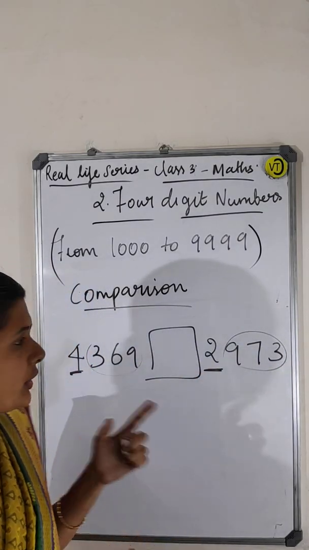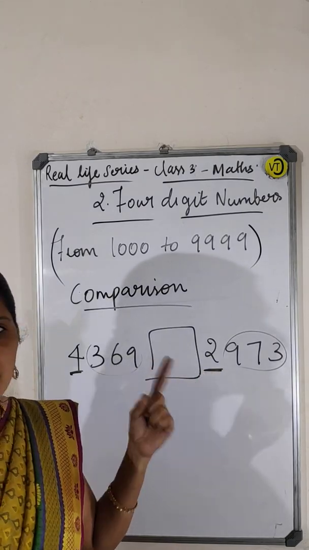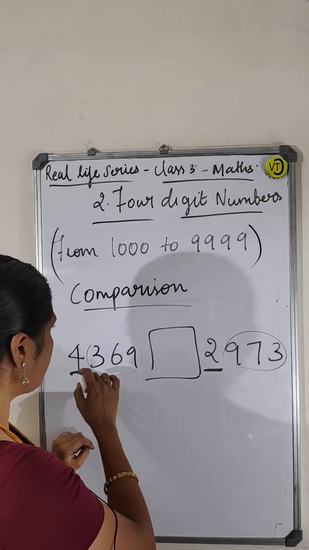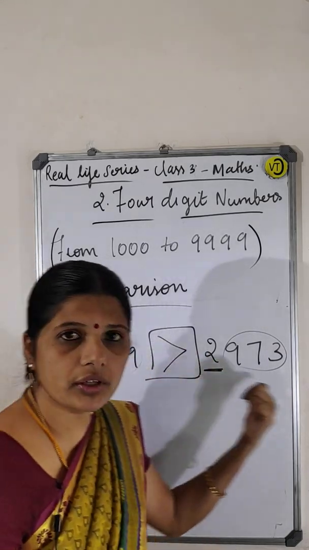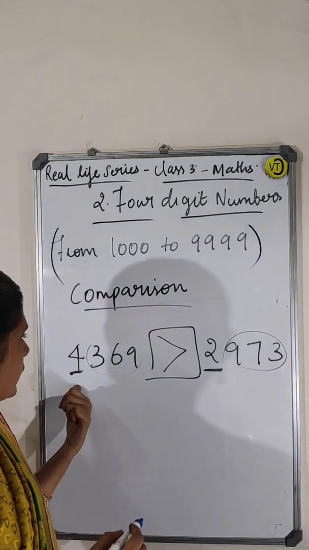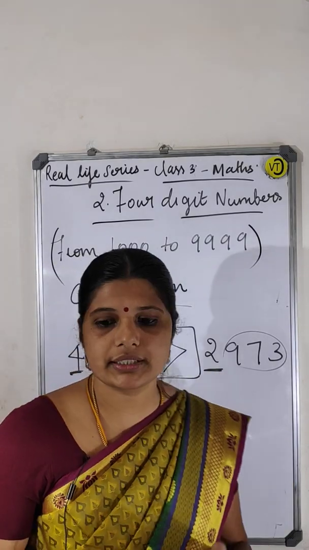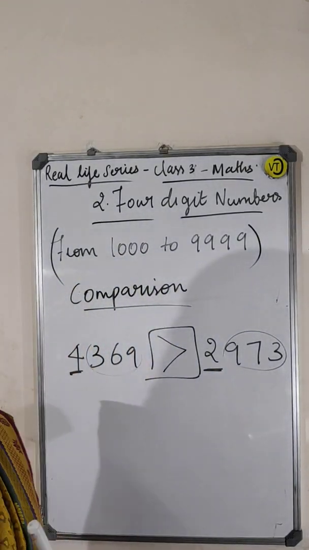Believe that. Okay, only I am caring about this first digit. Leftmost digit. First is 4 here, and here it is first is 2. Now you tell me 4 is bigger than 2. This full number is bigger than this full number. In sense, 4369 is bigger than 2973.